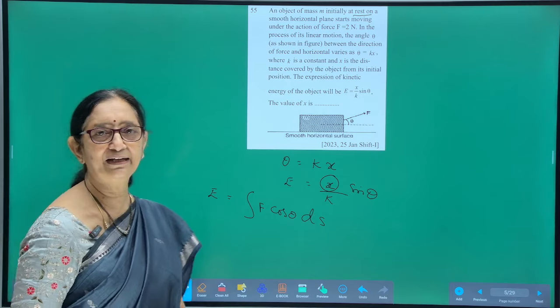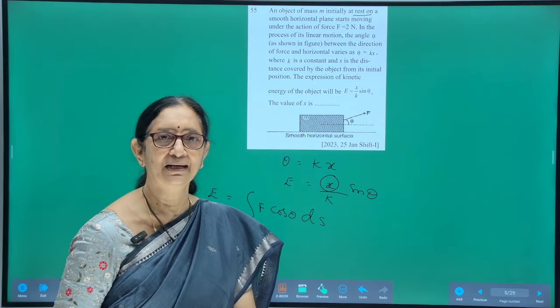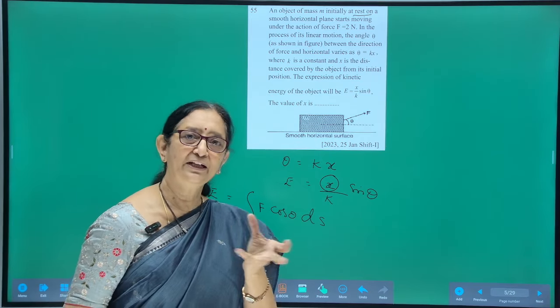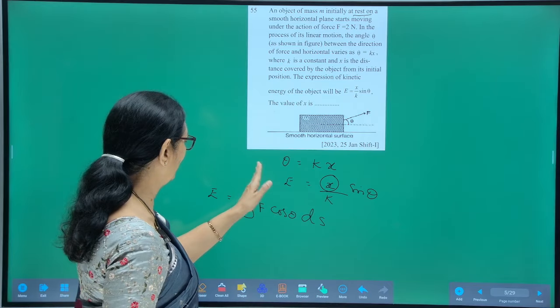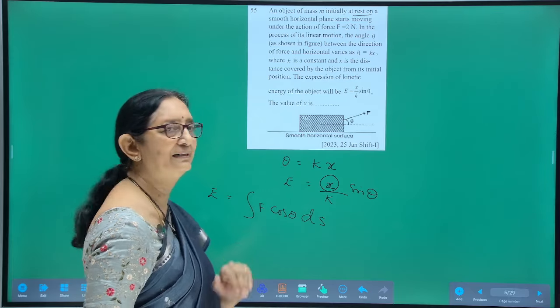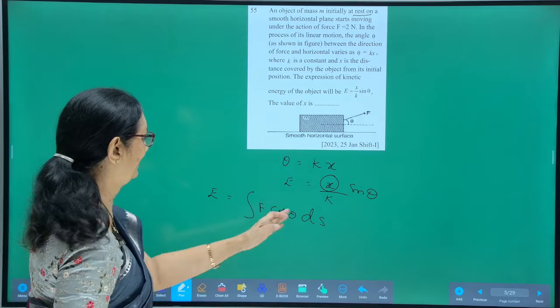The component of this force along this direction is F cos theta, and if its displacement is s, you will be getting that by taking the integral, because theta is a variable function of x here.